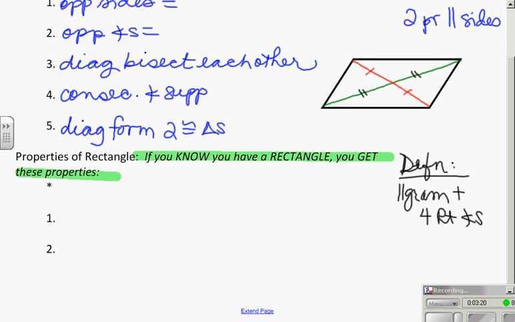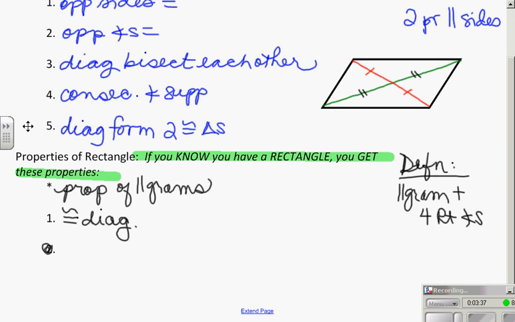So when I look at this little star, the little star tells me I get all of the properties of parallelograms, plus I get that the diagonals are congruent. So in a rectangle, I get that those diagonal pieces are the same.